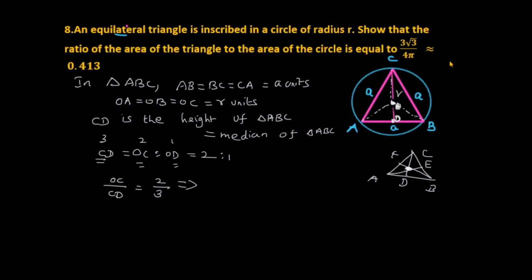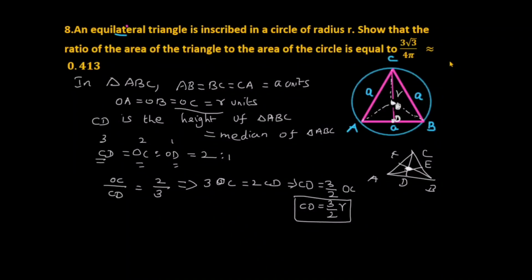If we are cross multiplying, 3 times OC is equal to 2 times CD. So CD is equal to 3/2 OC. What is our OC? Our OC is the radius. So CD is equal to 3/2 times radius. So this is one point for the equilateral triangle.